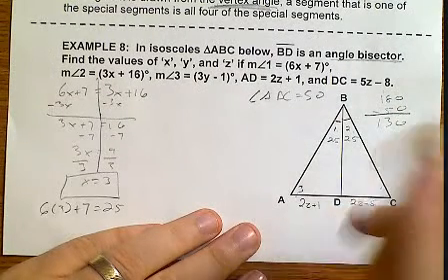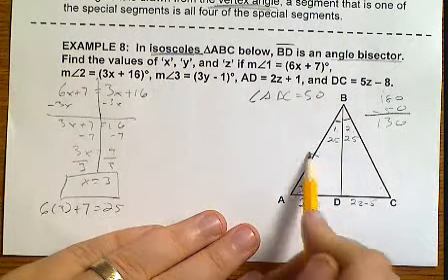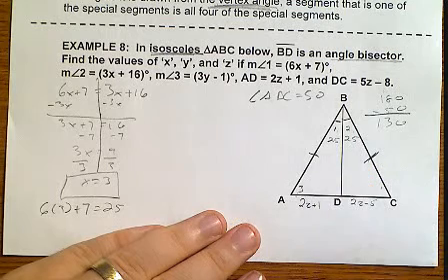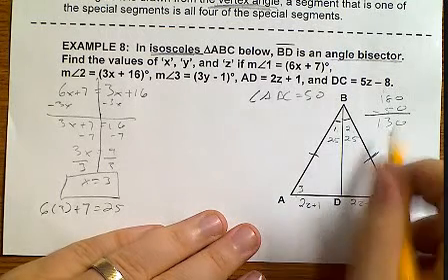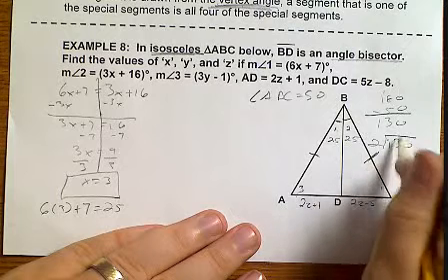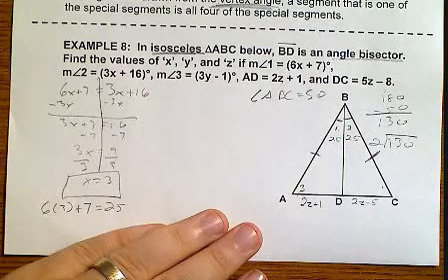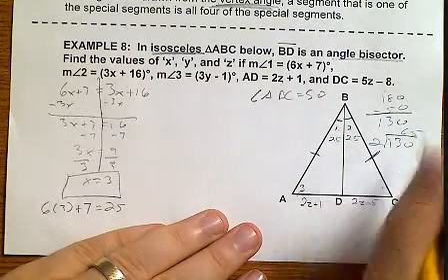So both of these together are 130. Because it tells me this is isosceles, I know that these two are the same. So I take 130, divide by 2. I get that 65 is a measure of these angles.